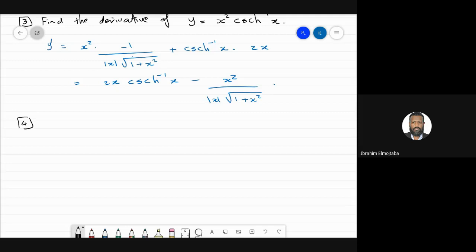Number 4, find the exact numerical value of hyperbolic sine ln 0.5.